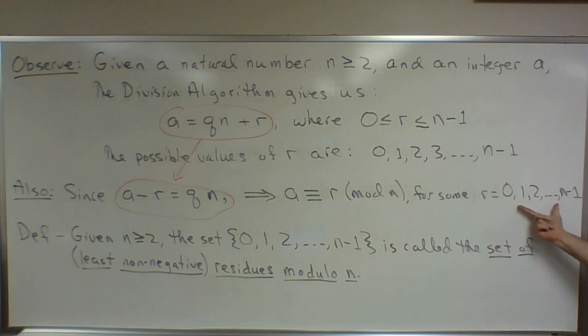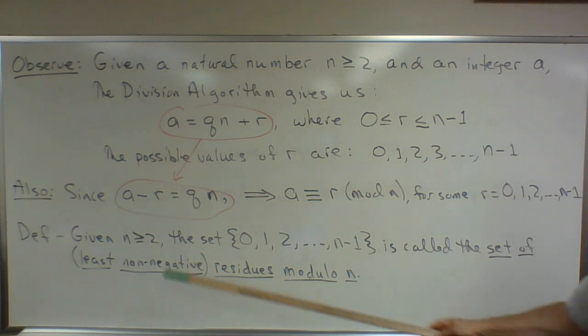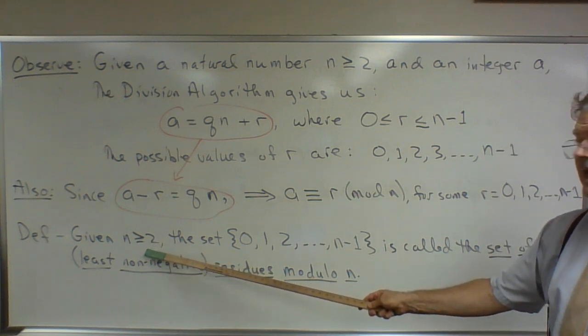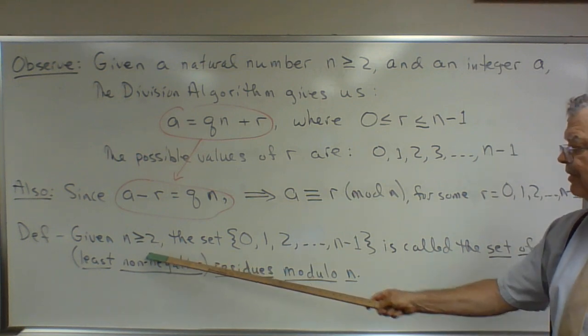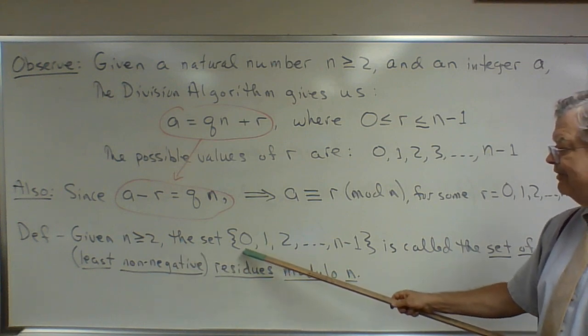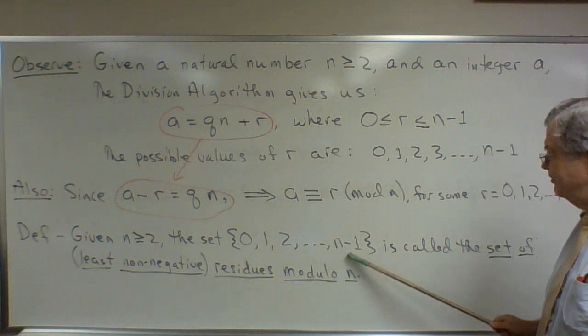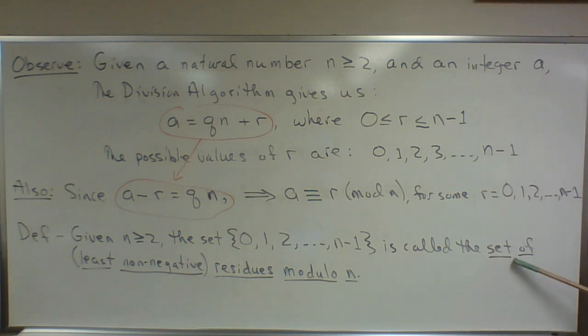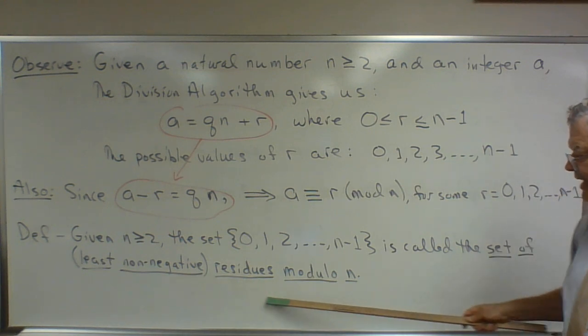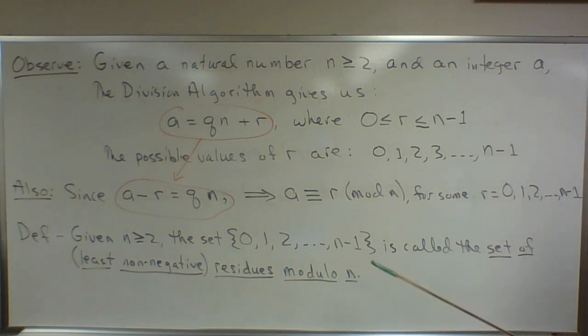So this set of numbers from 0 to n minus 1 is kind of special, and we have a definition for them. Given n greater than or equal to 2, the set of integers from 0 to n minus 1 is called the set of least non-negative residues modulo n.